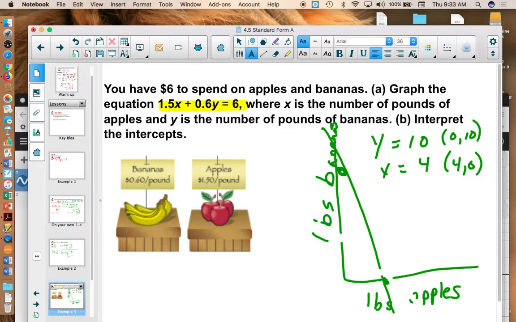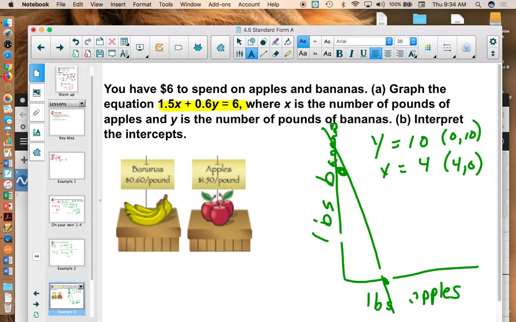At the same time, the x-intercept of 4 tells you what? Ridley. You only buy 4 pounds of apples. Yeah. If you buy 4 pounds of apples, do you get any bananas? No. I like to eat apples and bananas.